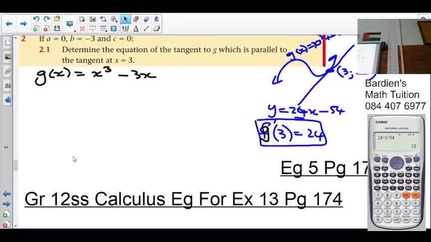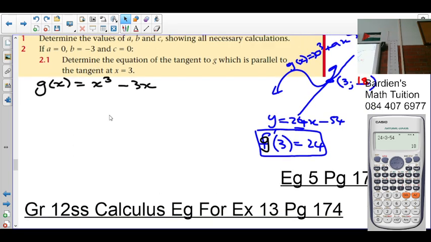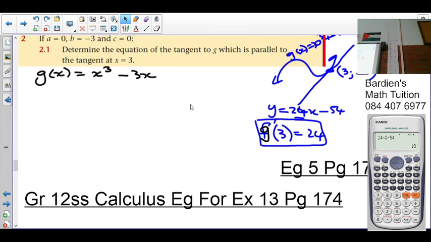Let's look at question 2.1. Determine the equation of the tangent to g, which is parallel to the tangent at x is equal to 3. People, say if lines are parallel, what do we know? Gradients are equal.